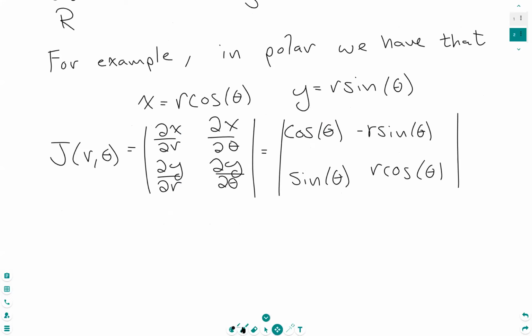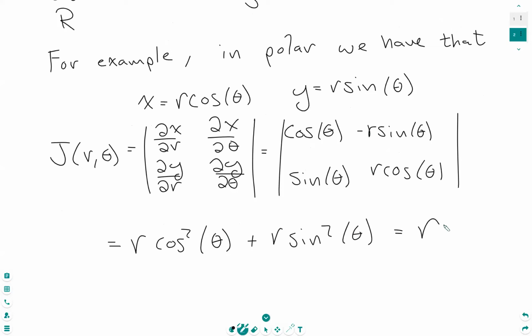Well, we can do this determinant out pretty easily. This is r cosine squared theta plus, because we have this negative here, r sine squared of theta, which is just r. This is where that extra r comes from.